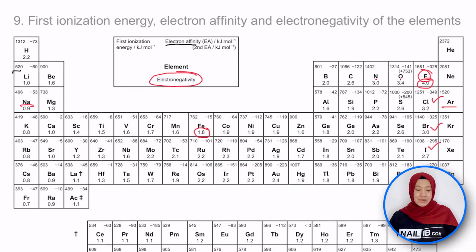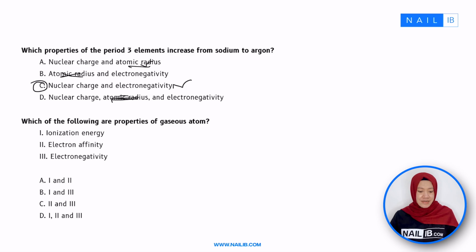It goes from Na to Cl, so from left to right. The same as this, okay? So when you move from left to right, the electronegativity increases because you go towards the direction of F. So the answer is C.